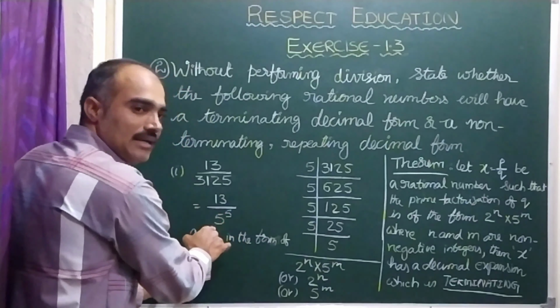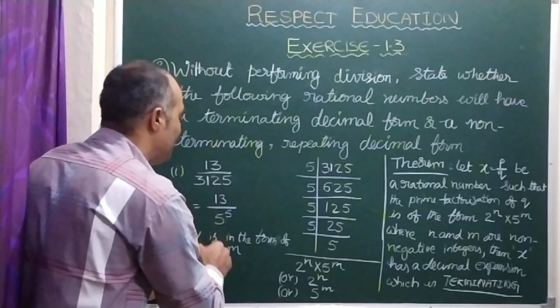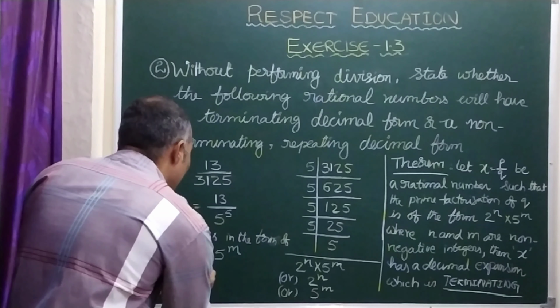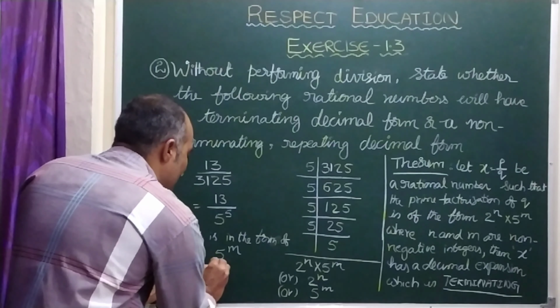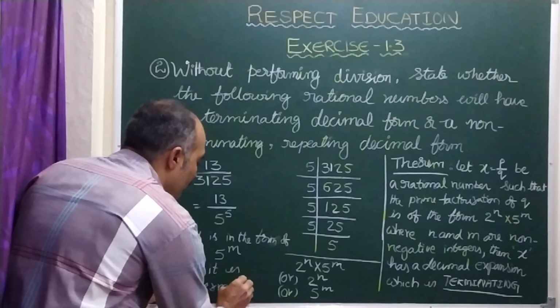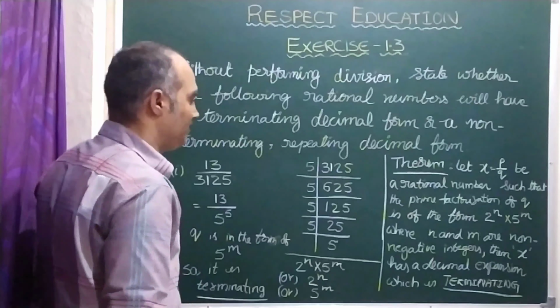As I told you, it may be of this form or this form or this form. It is under 5 power m. So the given rational number is terminating. So here I am writing, children, terminating.